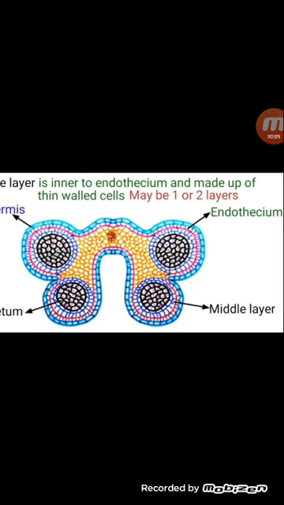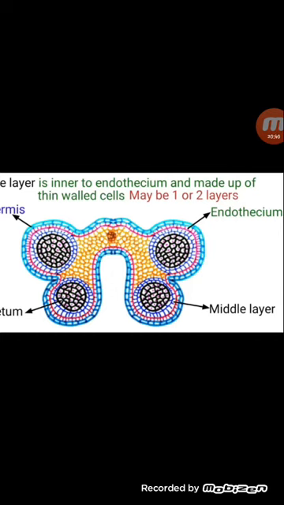Next, middle layer. Middle layer is the inner layer to endothecium. So below endothecium, middle layer is present. This middle layer is made of thin walled cells. It may be 1 or 2 layers.